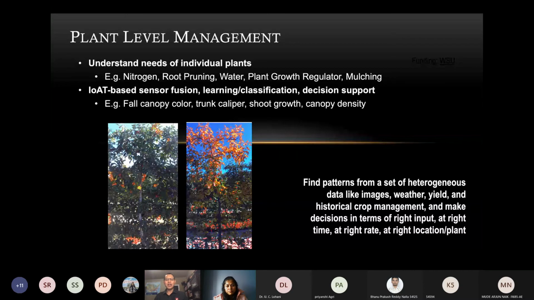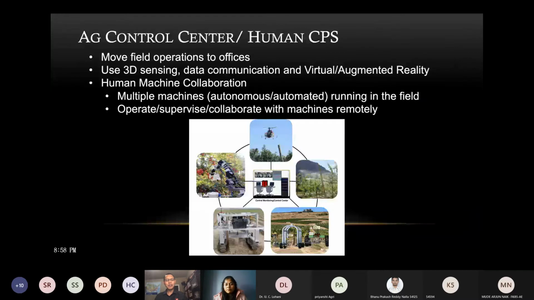I already talked about plant level management earlier, so I don't want to spend time there as well. I just want to repeat that finding patterns from a set of heterogeneous data like images, weather data, yield, and historical crop management, and make decisions in terms of right input at right time, at right rate, and at right location or plant becomes an important goal as we go into the future of smart farming.